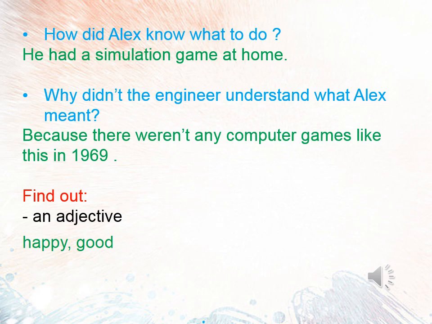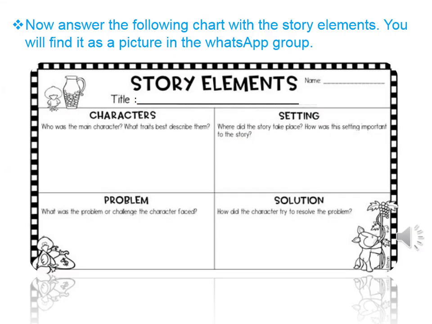Now, why didn't the engineer understand what Alex meant? Yes, because there weren't any computer games like this in 1969.